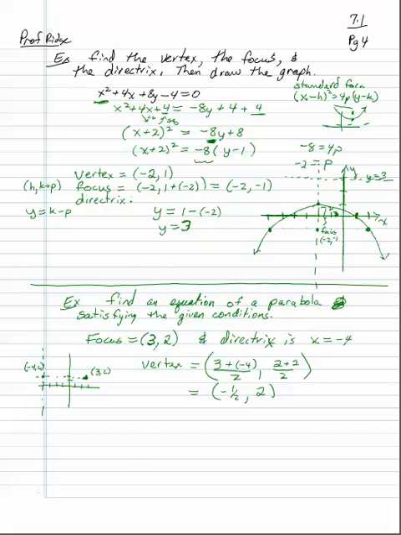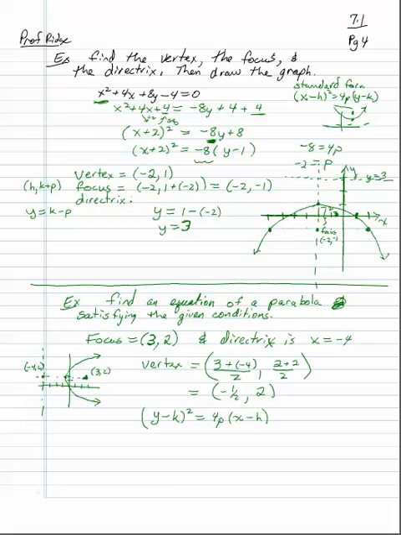And then once you get that, you know it's opening side to side. It's going to open towards the focus, so it has horizontal symmetry. Now we're going to write the standard form for that. Opening sideways is (y - k)^2 = 4p(x - h).